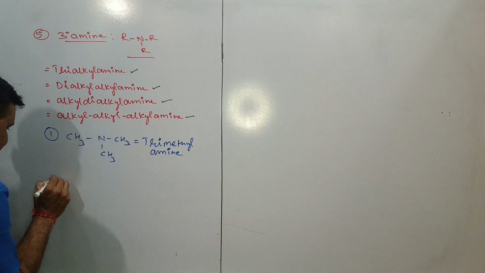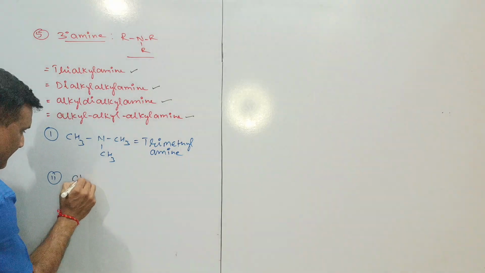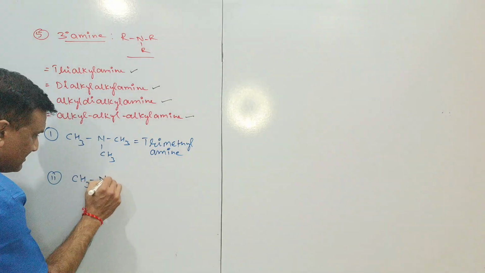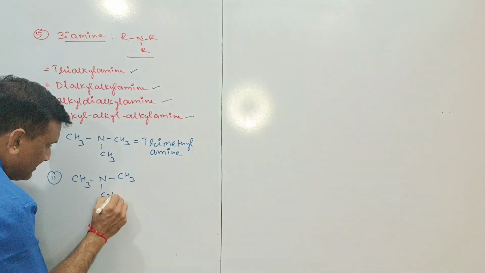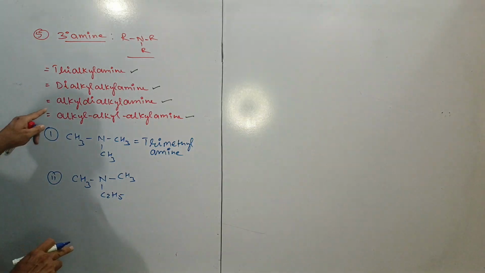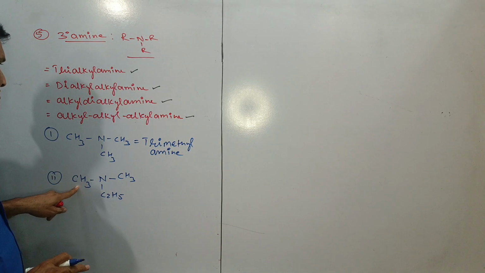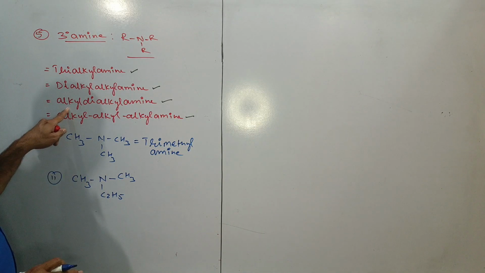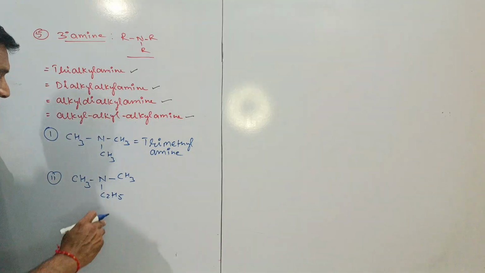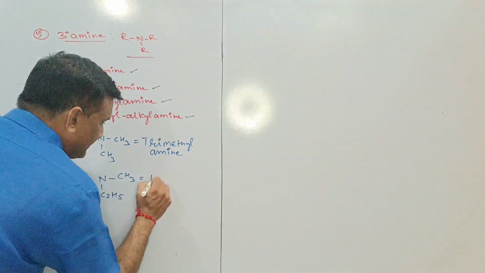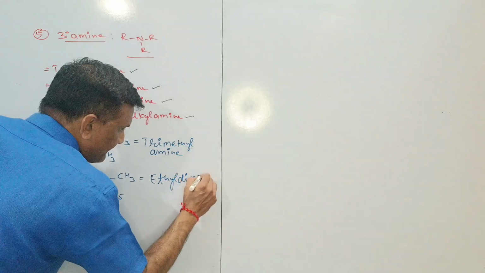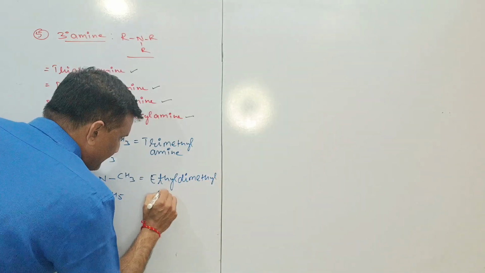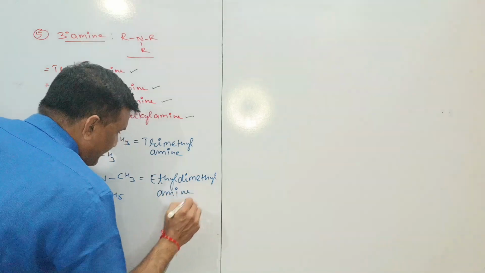If you go with the next compound, then one may be different like this, but that is alphabetically more prior. The ethyl is more prior and the rest, methyl, are less prior. So it will be ethyl dimethylamine. So the name of the compound will be ethyl dimethylamine.